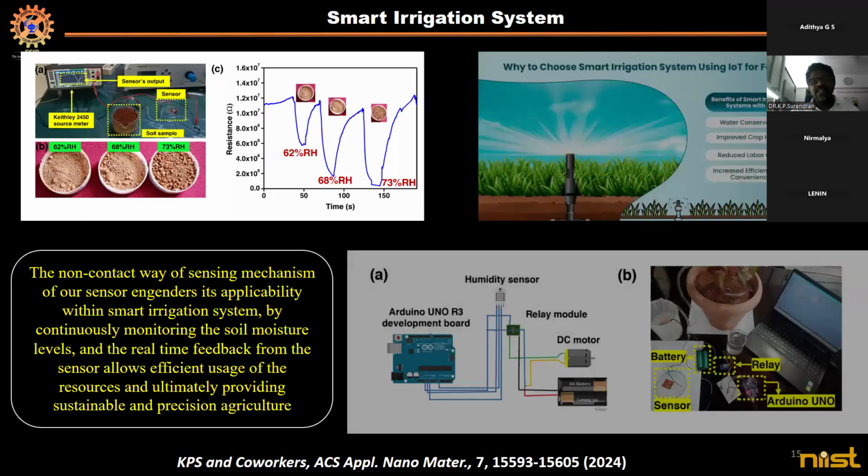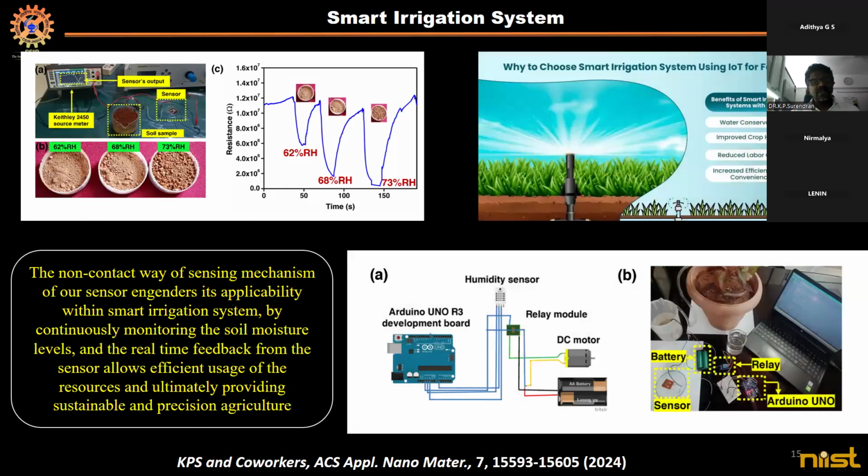In the automatic irrigation systems we have made, we placed these sensors in different small areas of a field, and when required, the sensor gives an alarm, an information that the atmosphere is very dry, please start pumping. We programmed a microprocessor using an Arduino, and then the pumping is triggered.